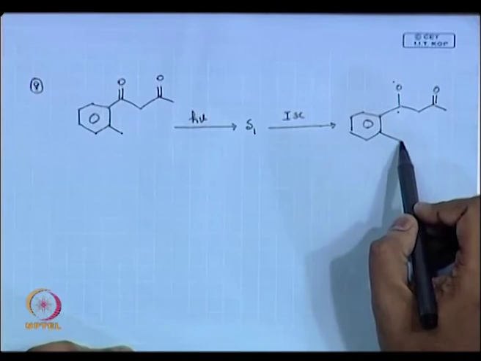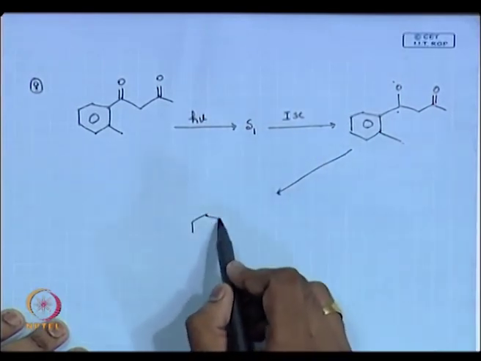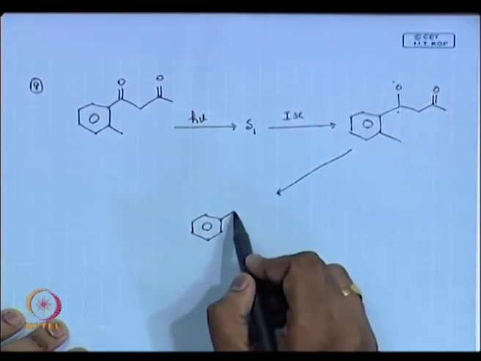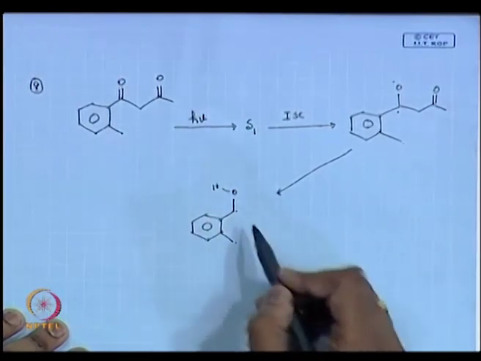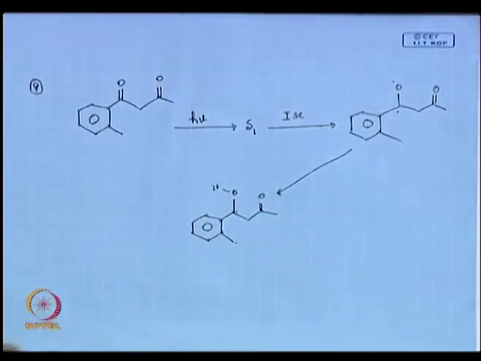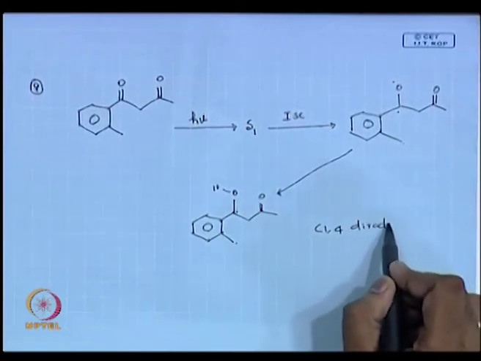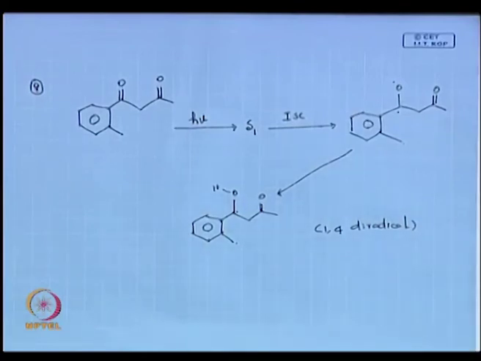Okay, that's an option. You want to take it from here? Okay, do that. So, you get a 1,4 diradical. Okay. So, what have you studied about 1,4 diradicals?